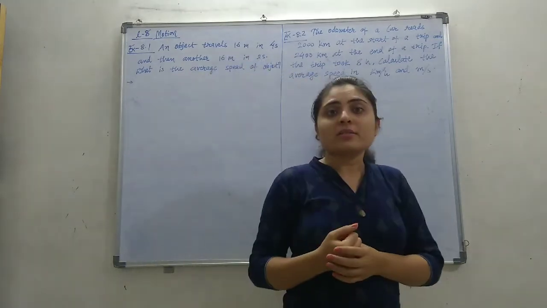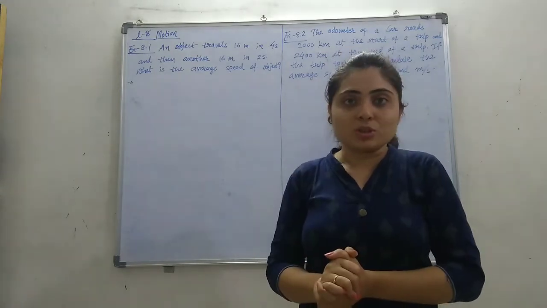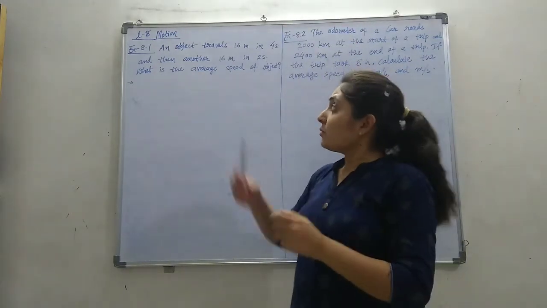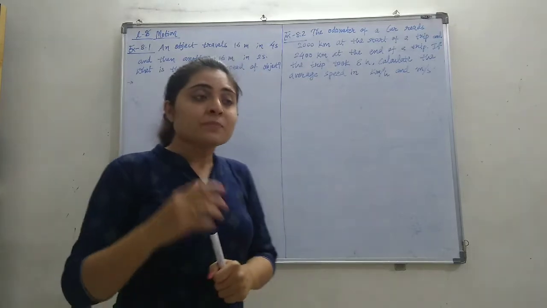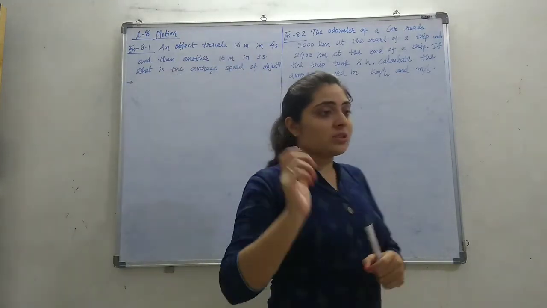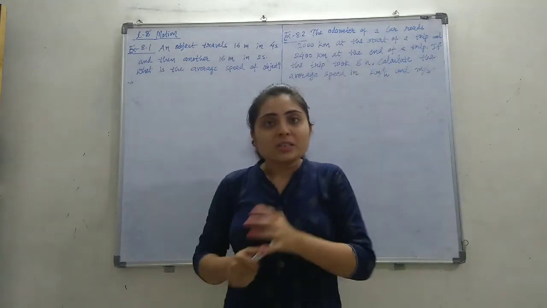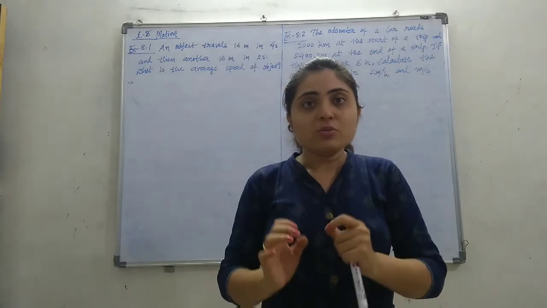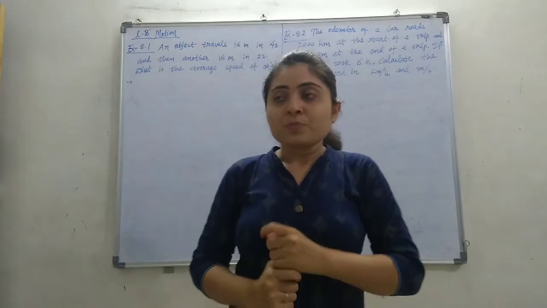The formula can be decided by the data given in the question. Before we start the numericals, I am instructing you that I will explain each and every numerical in the chapter, and you need to write them down in your notebook.